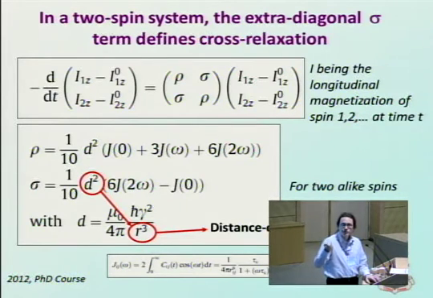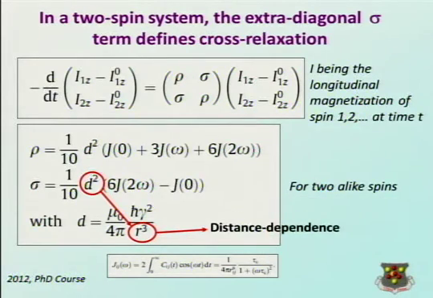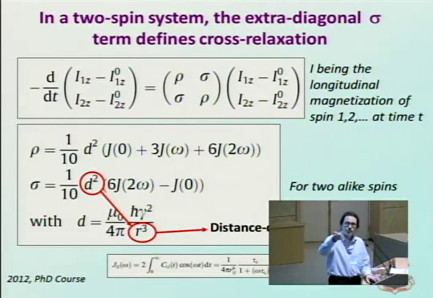The physics is not particularly complex. I'm just showing this because I want to mention one of the systematic errors we have in this treatment. So if you assume that there are only two nuclei, two protons that are interacting, this is the equation that describes the physics underlying this cross-relaxation phenomenon. And actually this term called sigma is what is building the interaction between nucleus 1 and nucleus 2, because it's the non-diagonal term.